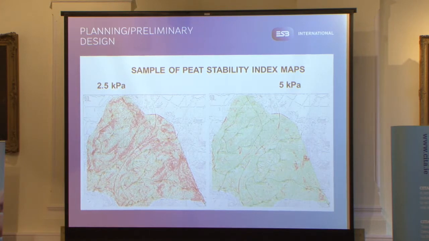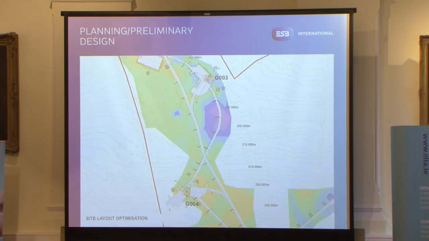The peat stability index map is a coloured map which splits the site up into areas of low risk, medium risk, and high risk categories. And once we have this, we can visually inspect the site to get a feel for areas of the site to avoid, thus enabling us to site the roads properly. Here is an example of an area where the layout of a wind farm is optimised to avoid an area of deep peat.